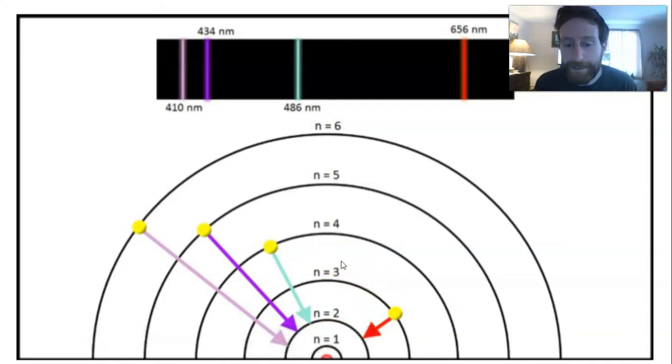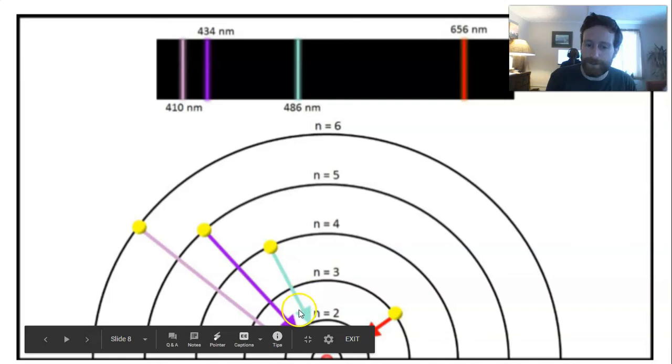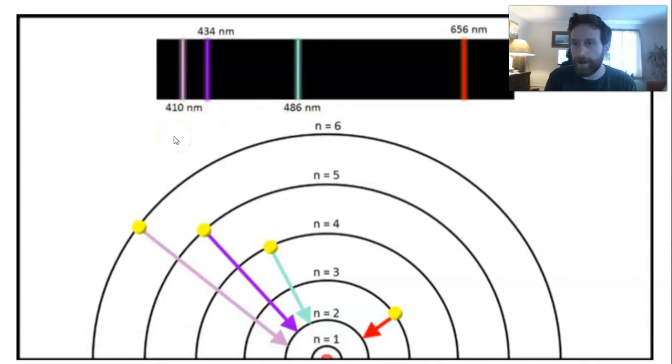If we were to look at a different atom, say helium, it would have its rings at different positions, and therefore when its electrons fell from excited to ground state, it would give off its own unique bands of color. So this is very specific to hydrogen. You get the red, the light blue, and the two purples, which is probably the most important emission spectra in astronomy because hydrogen is most of the universe.